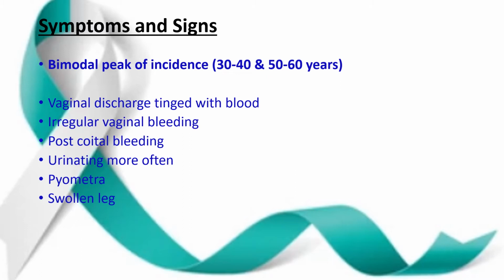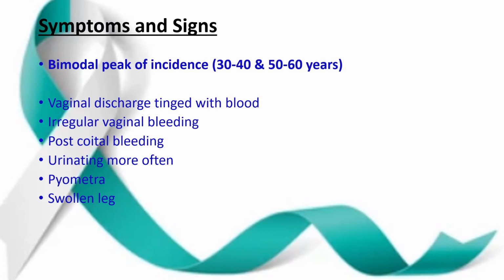Symptoms and signs. Here we have a bimodal peak incidence. This gives us the age groups where women show a high incidence rate of developing cervical carcinoma. The first age group is between 30 to 40 years and the second age group is between 50 to 60 years, where we find most of the cases.